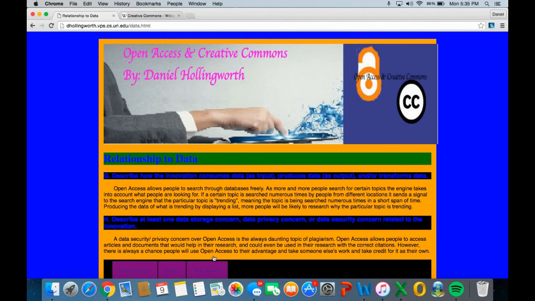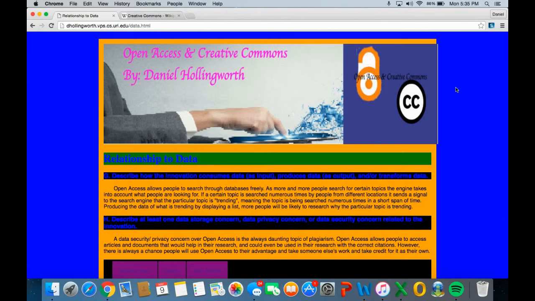These search engines are taking into account who is searching what and how many times people are searching it. People can see on a list who is researching what and why they're searching it. People can easily click on this and see all the open access information on that certain topic.